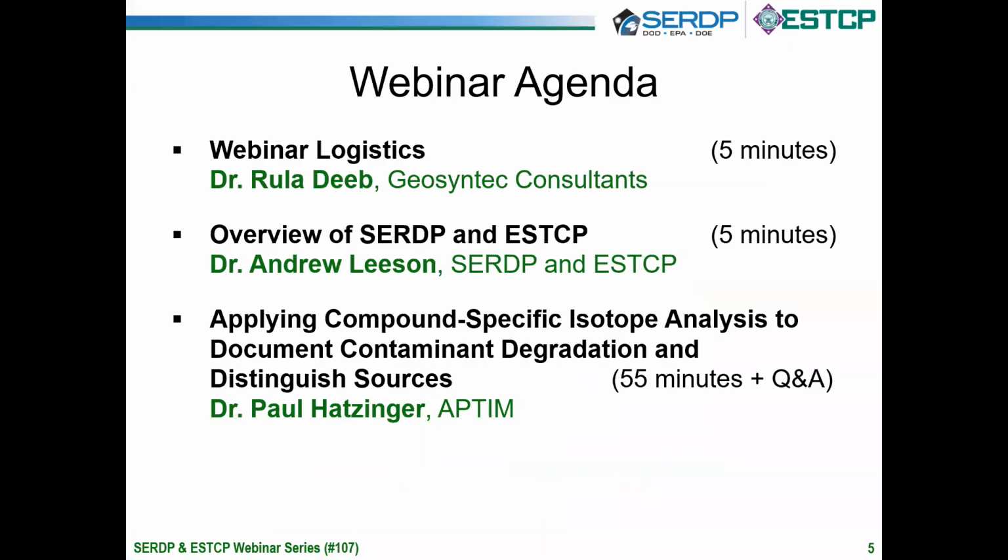This webinar will consist of a brief overview of the two programs, followed by a technical portion which will feature applications of compound-specific isotope analyses, or CSIA, to ascertain contaminant degradation and identify contaminant sources.